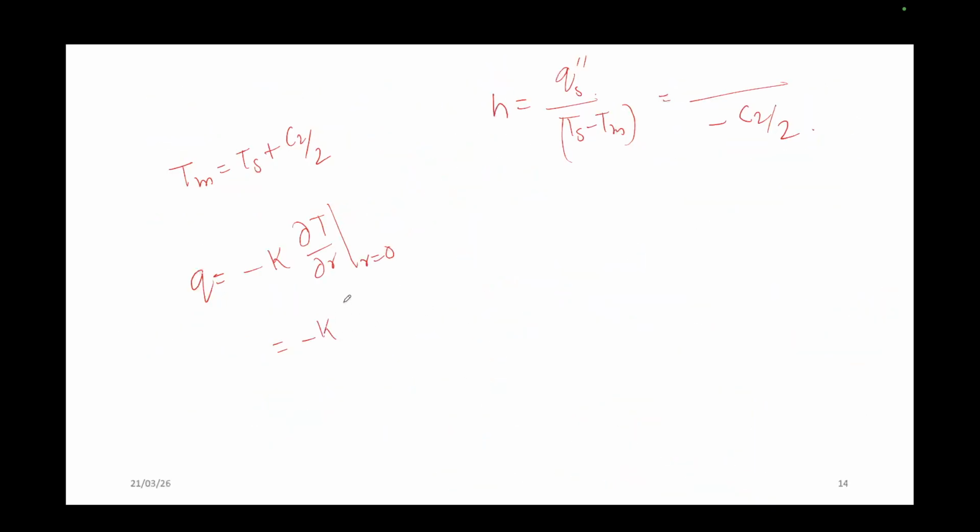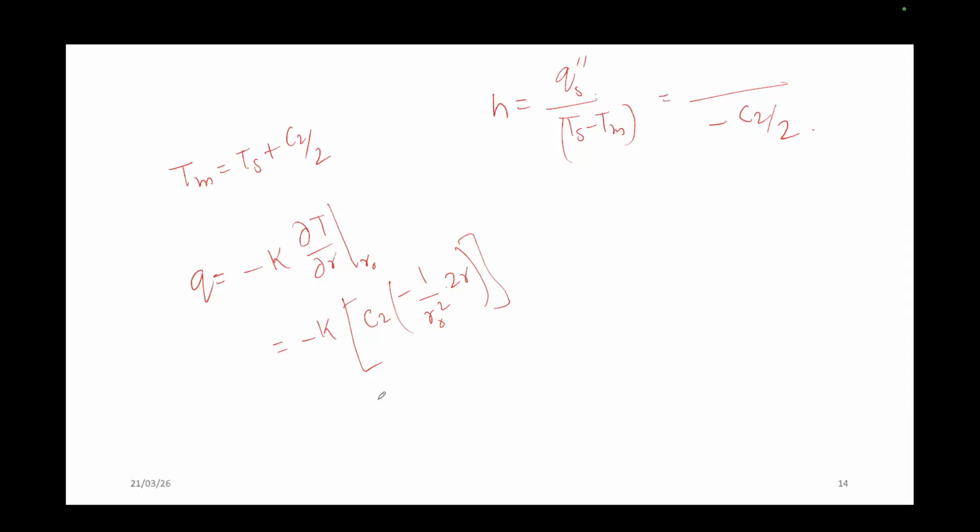Minus k, C2 minus 1 upon r naught square into 2r most probably. Sorry, r equal to not 0, r naught. This one is r naught.